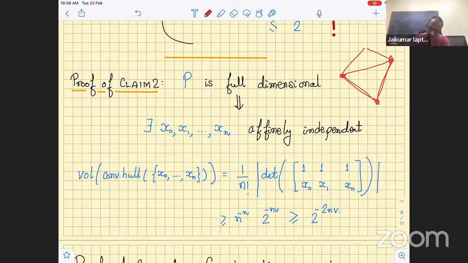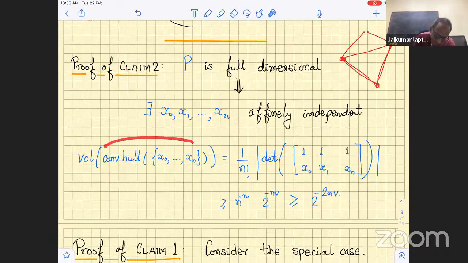Okay, so let us identify those points. So there are n+1 points which are affinely independent. Now let us consider the volume of the convex hull of these points. The claim is that the volume of the convex hull of these points already is significant. This could have been the polytope for all you know. So the convex hull of these will have reasonable volume.